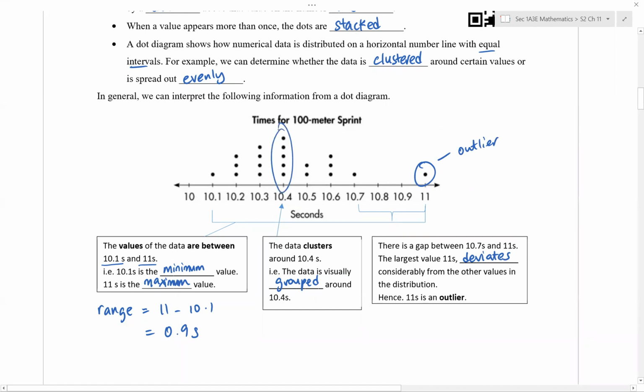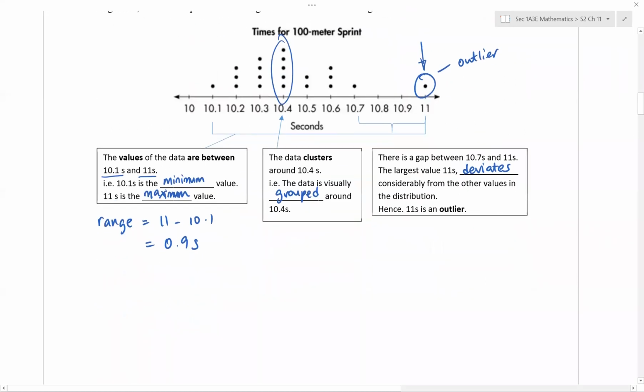So perhaps if these are the times for one single athlete on different training dates, maybe on the date that he clocked 11 seconds, maybe he was ill, maybe he had a stomach ache. That explains why his performance is not consistent with the rest of his timings. And we call that an outlier.